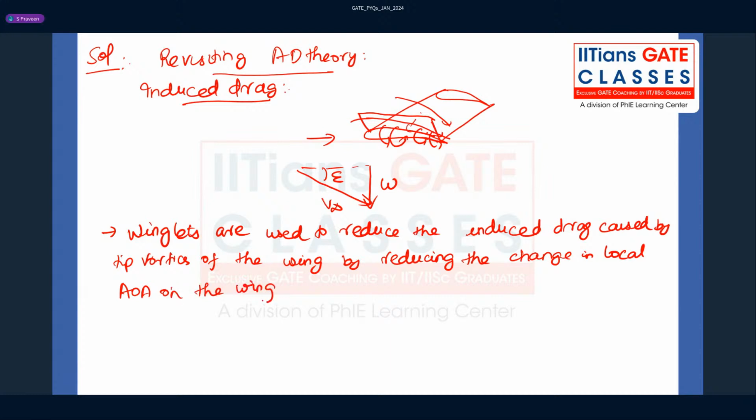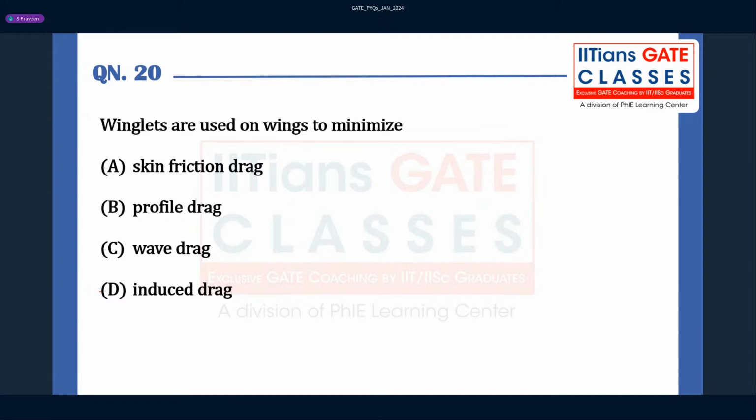This is an important thing. The use of winglets is to reduce induced drag, so going by my options, it has to be induced drag, option D. Hope you guys don't have any doubts in this, right?